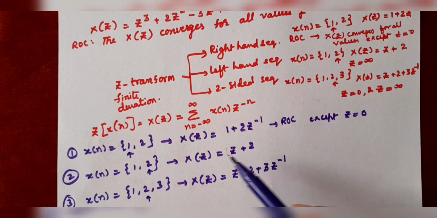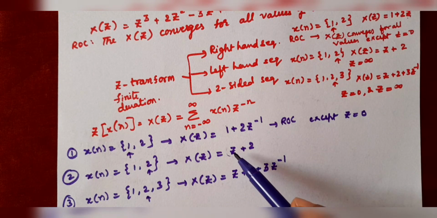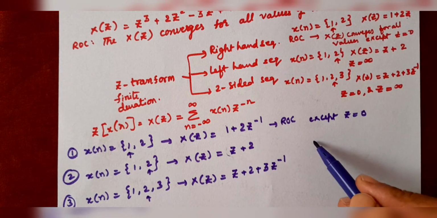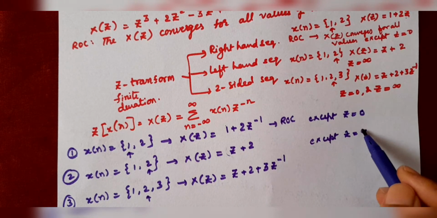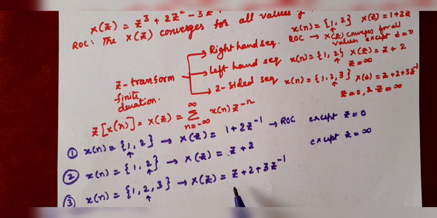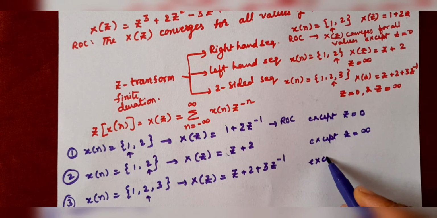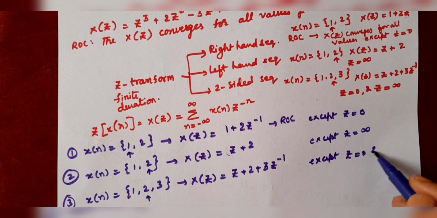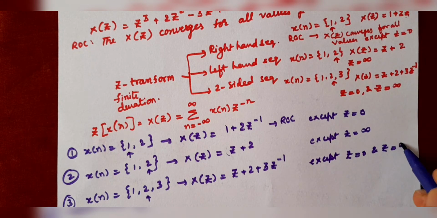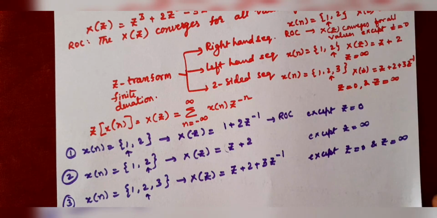X of z converges for all values of z except z is equal to infinity. Here x of z converges for all values of z except at z is equal to 0 and z is equal to infinity. Okay.